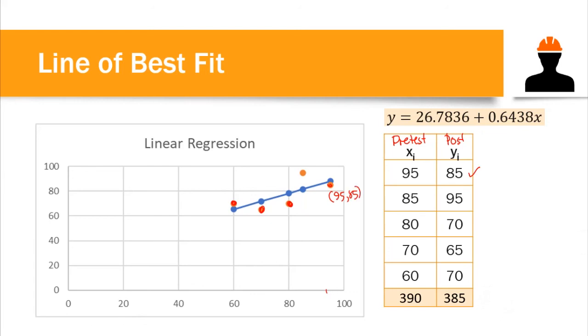For the second value, we have 85, 95. We have 80, 70. We have 70, 65. And we have 60, 70. So this is our scatter plot.